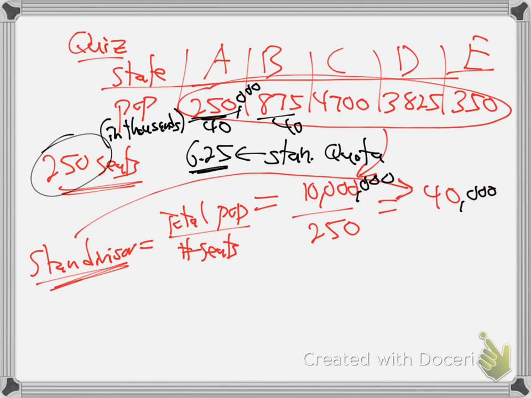When you divide 250,000 by 40,000, the 3 zeros cancel out, and you get the same answer anyway. So you can skip the whole thing. When they say in thousands or in whatever, you can just skip it all. You can put the zeros on if you want to, but in the end, they'll cancel out.